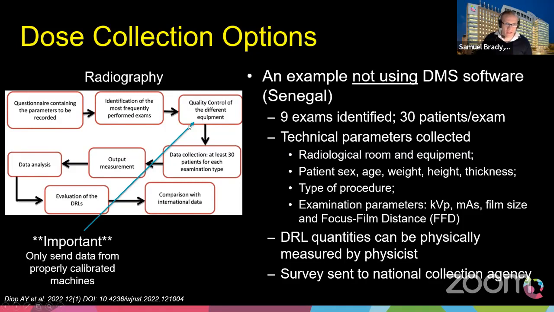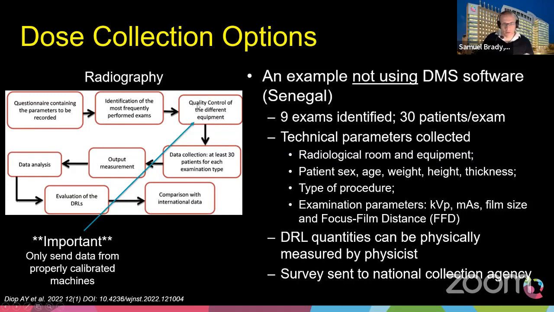Now, I like that in this workflow, this group from Senegal added this extra step. A lot of people overlook this step, or at least we take it for granted. And it's important that before we sit down at the machine and we start measuring the air kerma or whatever dose metric that we need for DRL, that we make sure the machine itself is appropriately calibrated.